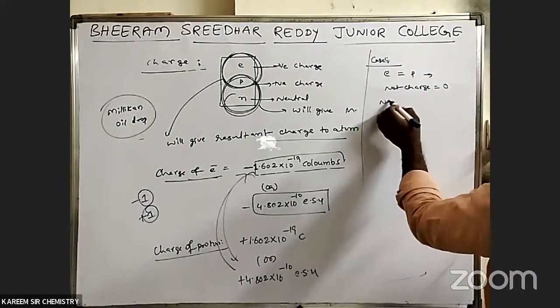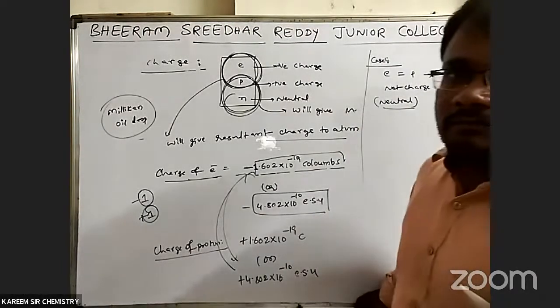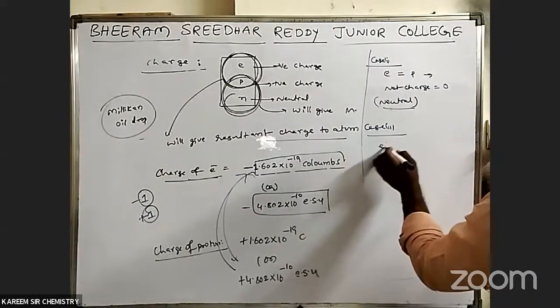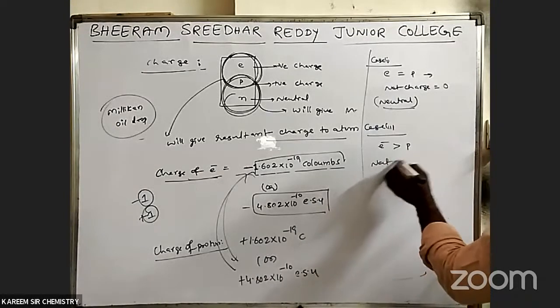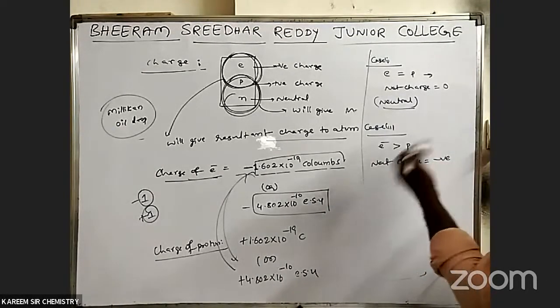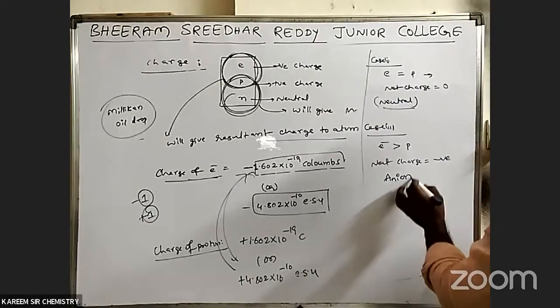It is called a neutral atom. Case 2: if electrons are greater than protons, then the net charge will become negative on that ion. A negatively charged atom is called an anion.